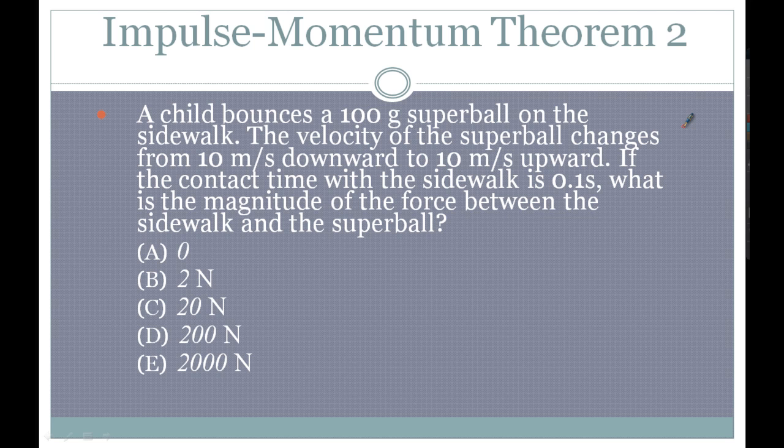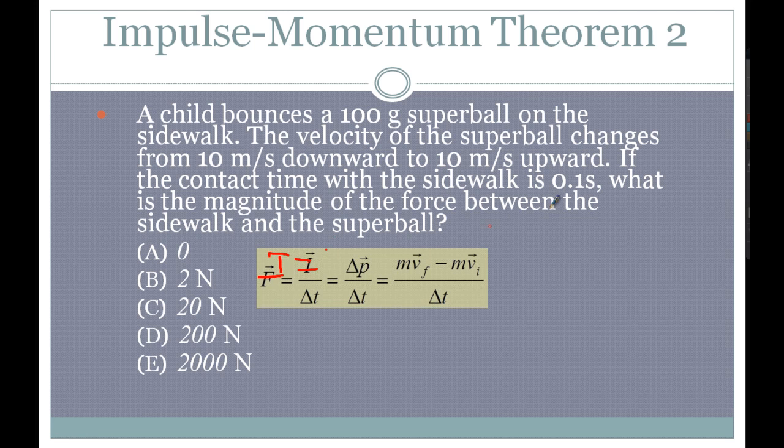Now we're going to look for the magnitude of the force. Remember, I equals F delta t. Solve this for F. And also I equals a change in momentum. So we just use our answer from the last one, divided by our time.